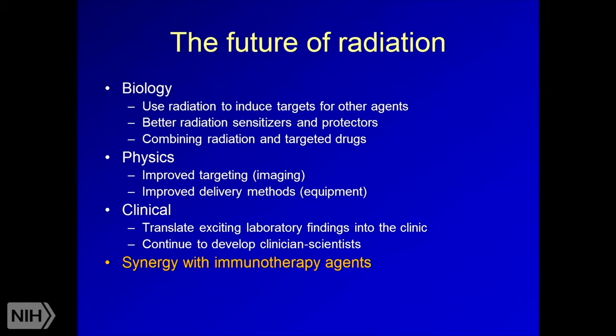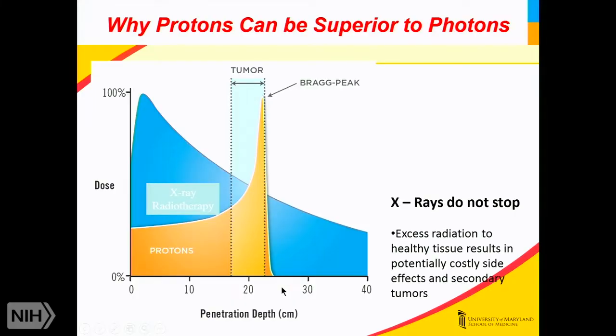And then from a clinical viewpoint, we're always looking to translate our exciting laboratory findings into the clinic. So certainly we have a variety of phase 1 studies, as many academic institutions do, and we're continuing to develop our clinician scientists. But one of the most exciting things is really looking at the synergy that we can have with the immunotherapy agents, especially because these are so well tolerated for many patients.